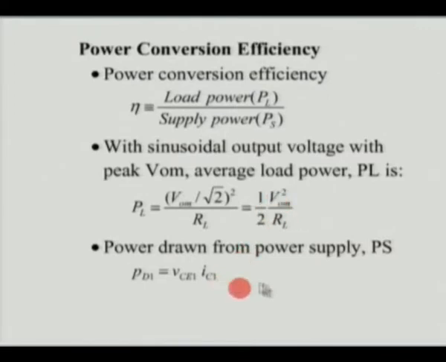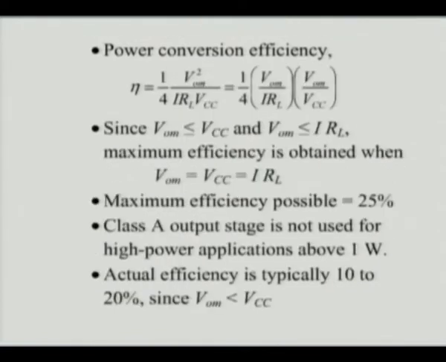Now, the power drawn from the power supply we can find from PD1, which is VC1 times IC1. By substituting, the power conversion efficiency would be 1/4 of VOM squared divided by I RL VCC.